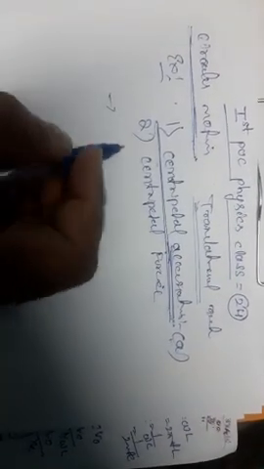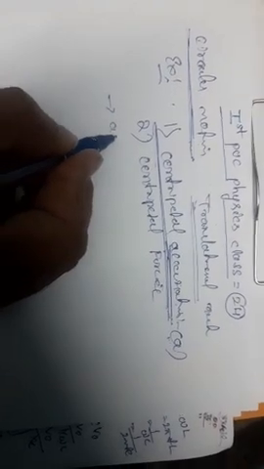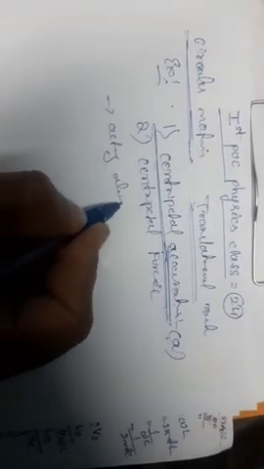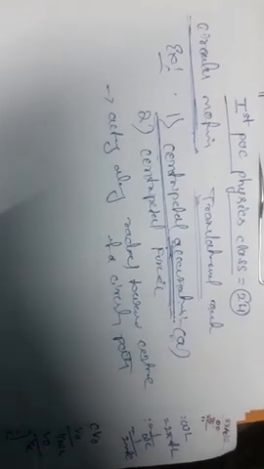Radius means a distance. Acting along the radius towards the center of a circular path, that is called centripetal acceleration.